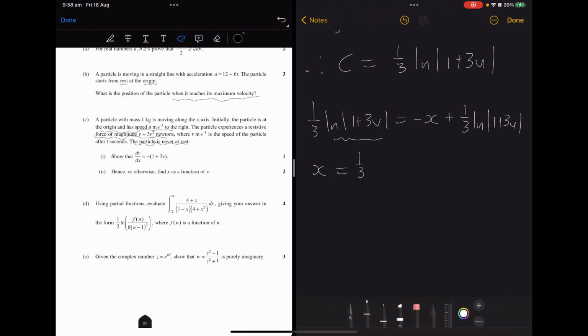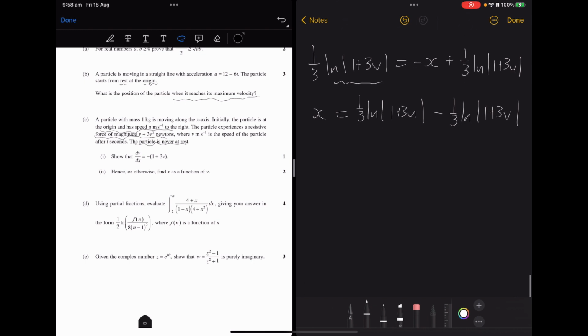So x equals 1/3 ln absolute 1 plus 3u minus 1/3 ln absolute 1 plus 3v. And using our log rules, we can put the third in front and put it all under ln absolute 1 plus 3u all over 1 plus 3v.